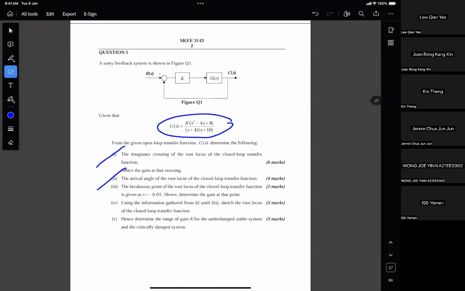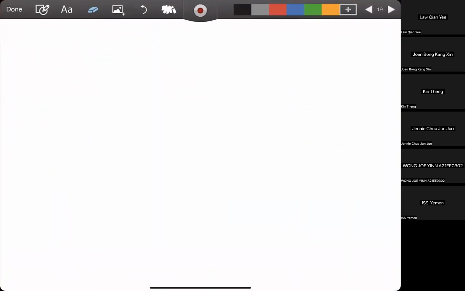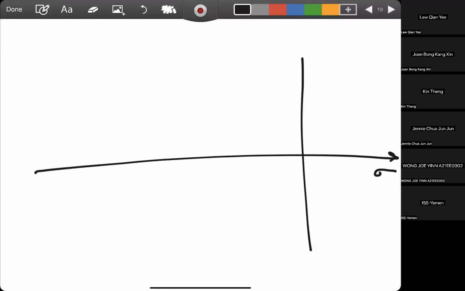So we have to plot and see. So we have to plot. The poles are at j2, minus j2.